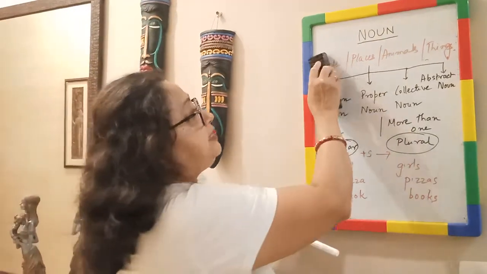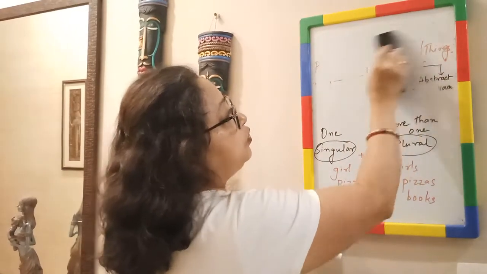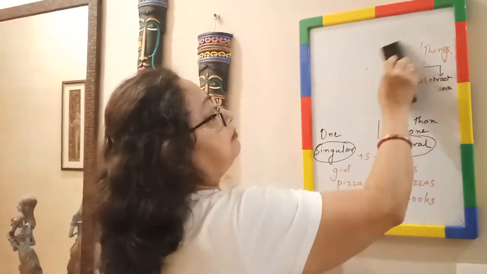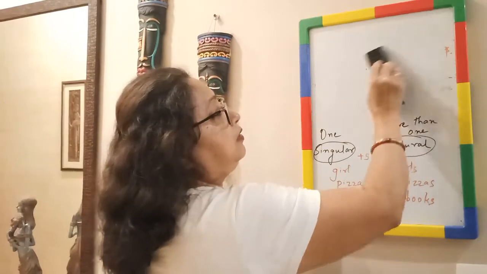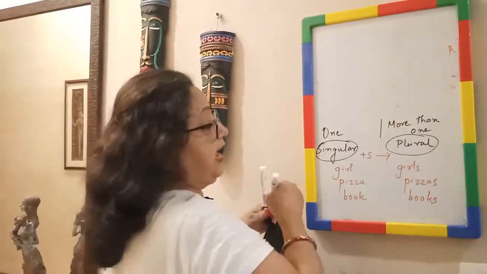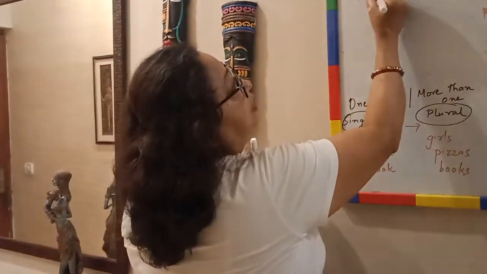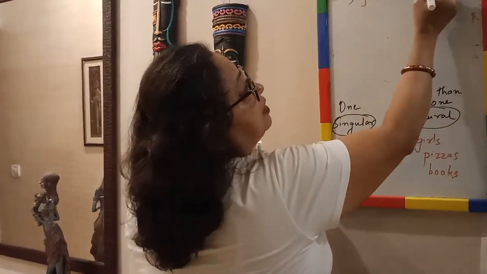Now the next thing, I am rubbing this part also because this board is very small. So I may use a bigger board later on. Now the next is by adding es. With the singular, I am writing over here again singular, and see here it is plural.